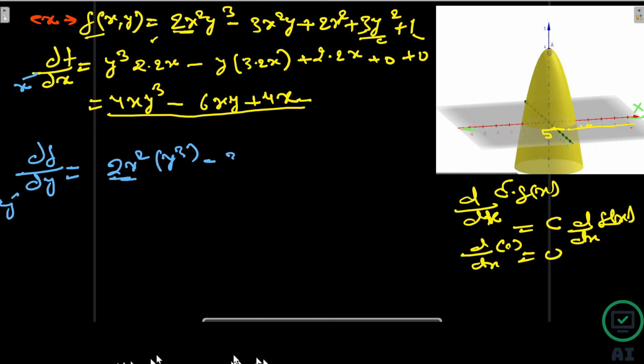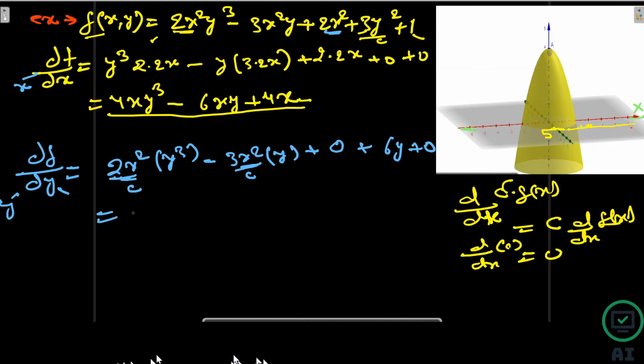Minus 3x², this is constant because we are doing it with respect to y. Then 2x² is constant, so this will be 0. The differentiation of 3y² will be 6y, and 1 is 0.